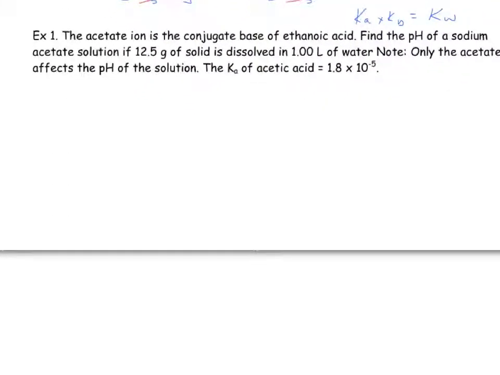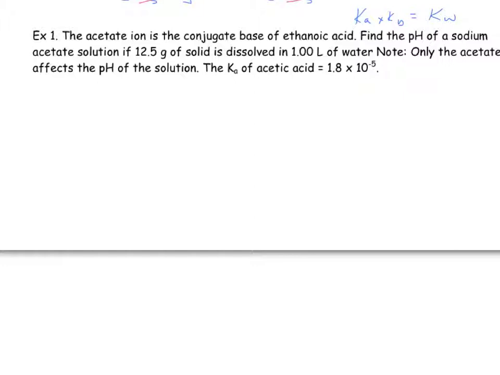Here's an example of a base equilibrium calculation. The acetate ion is the conjugate base of ethanoic acid. Find the pH of a sodium acetate solution if 12.5 grams of solid is dissolved in 1 liter of water. And there is a note that only the acetate affects the pH of the solution.